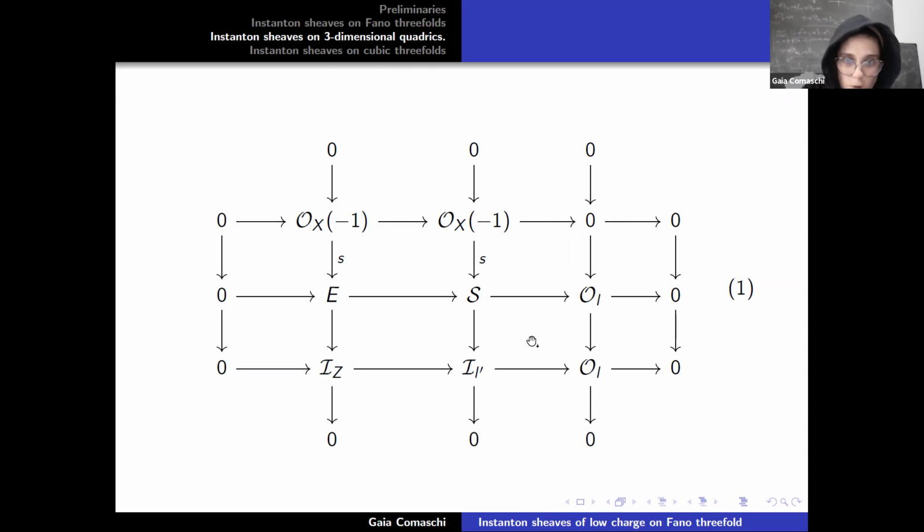Therefore, in this last row, we will have a short exact sequence where we have a surjection of the ideal sheaf of a line onto the structure sheaf of the singular locus of E. Therefore, the cokernel of the global section of E twisted by 1 will be the ideal sheaf of a scheme Z that contains the line L', because it fits, so it must inject in the structure sheaf of L'.